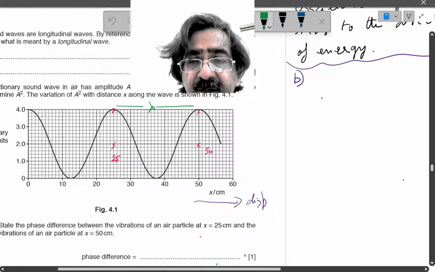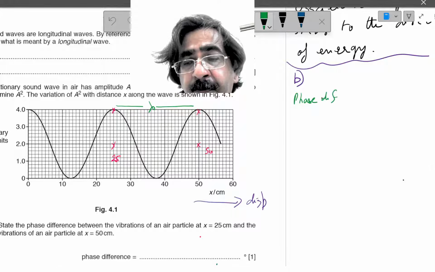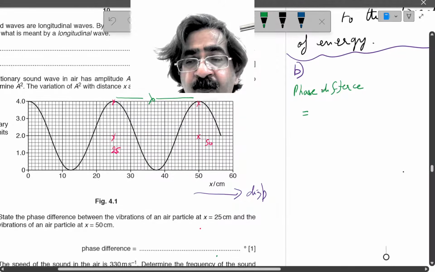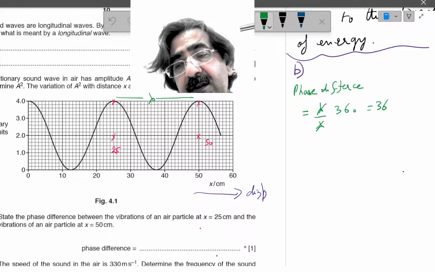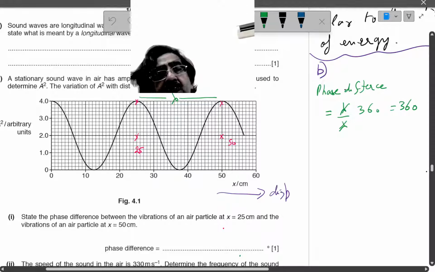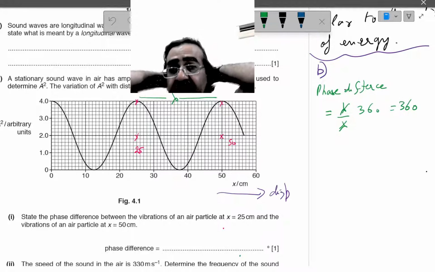So the phase difference will be lambda divided by lambda, multiplied by 360, that will be 360. Let's check the answer given on the sheet.